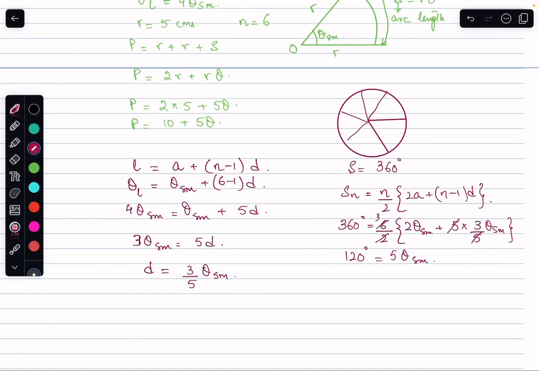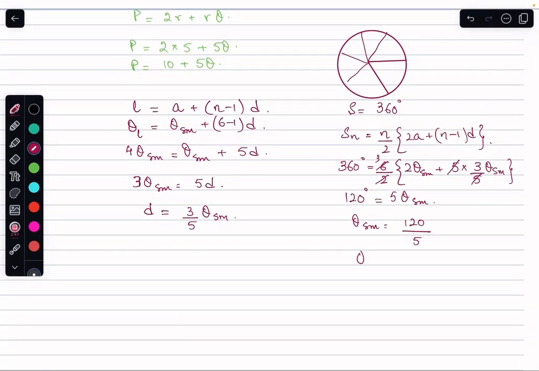Or I can say that the theta for the smallest sector here is 120 divided by 5, or we should say that this theta smallest shall be equal to 24 degrees. So this is the smallest angle for the 6 sectors that we have in our question.